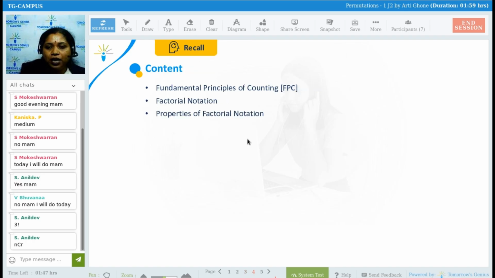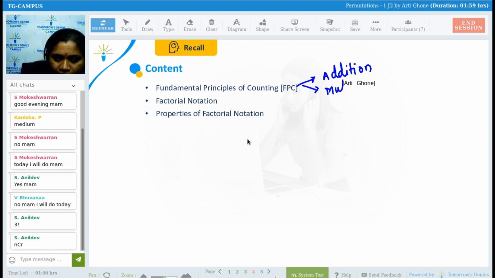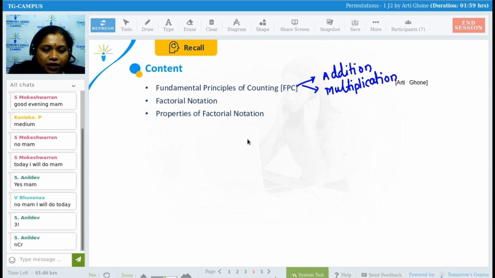Now, what we need is to recall the fundamental principles of counting. What are the fundamental principles of counting? Addition and multiplication, right? Union is concerned with the addition theorem, intersection with the multiplication theorem.